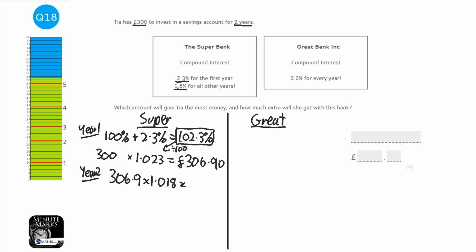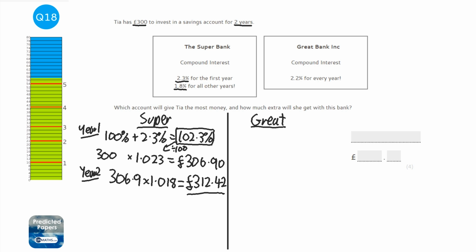So what's that going to be? 306.90 times 1.018. And that says it's £312.42. I'm going to round it to the nearest penny. Okay, so that is Superbank. That's how much we'd get.